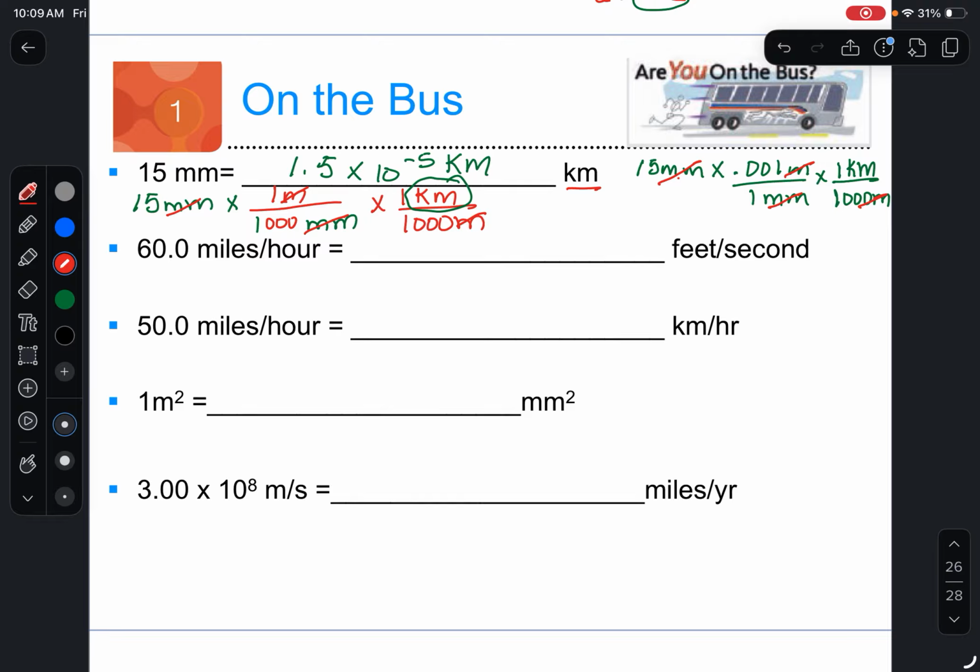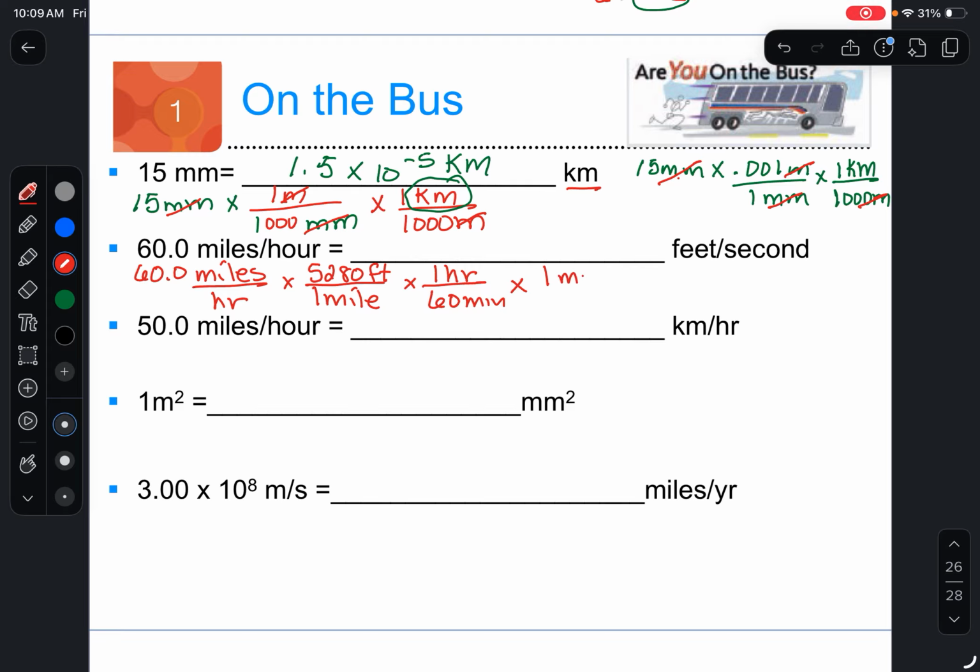Okay, next one we have 60 miles per hour, and we're going to feet per second. So we know in 1 mile, we have 5,280 feet. In 1 hour, we have 60 minutes.